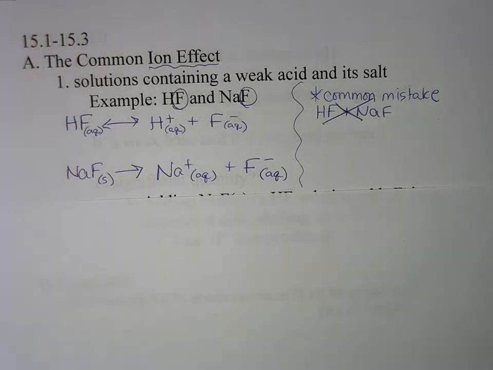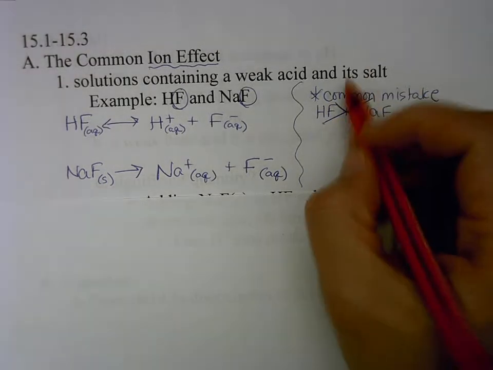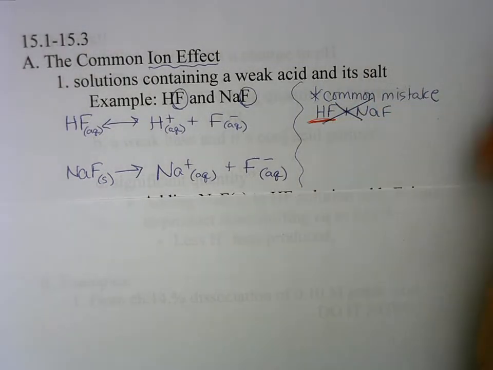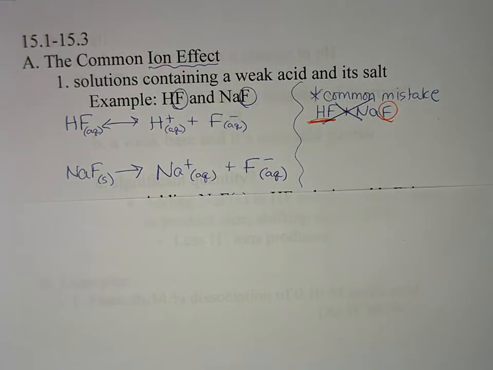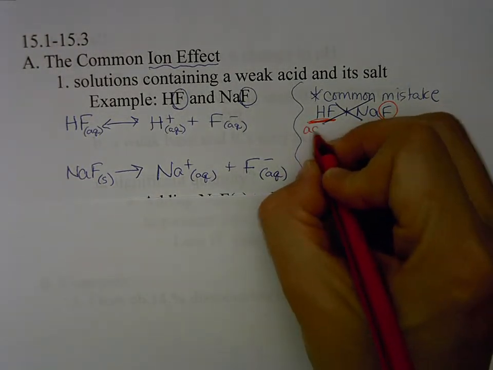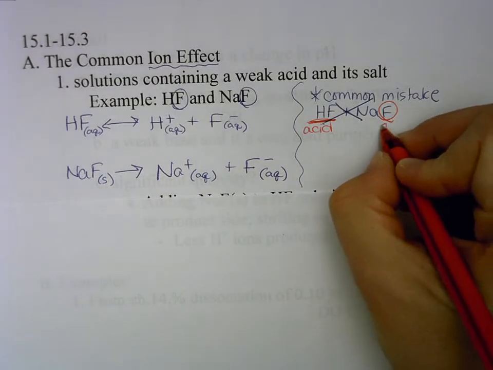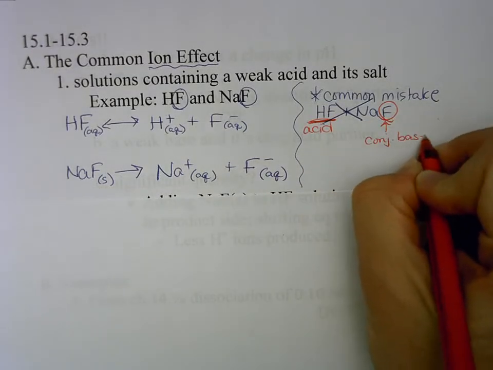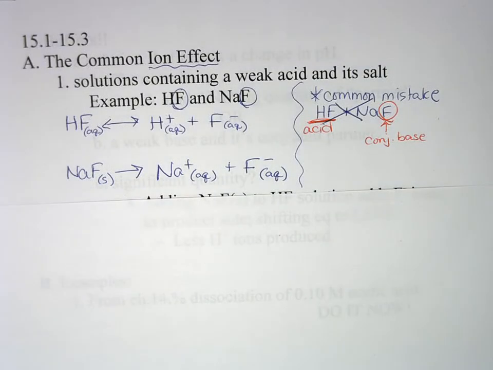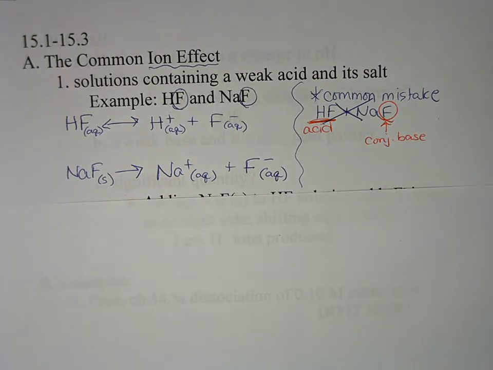Why you can't write it that way is because if you have hydrofluoric acid, which is weak, and fluoride ions, the hydrofluoric acid, that's of course the acid. The fluoride ions are the conjugate base of hydrofluoric acid. Do acids and conjugate bases of that acid go on the same side of the reaction?